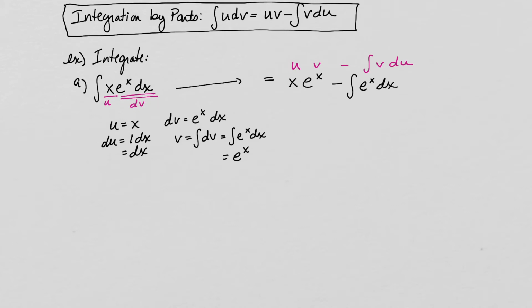So I happen to get something that I now actually can integrate. So this new integral here is an integral that I actually can integrate. And so now I'm actually going to do that integration. So this is going to become x e to the x minus, we said the integral of e to the x is e to the x, and so then we have plus c.